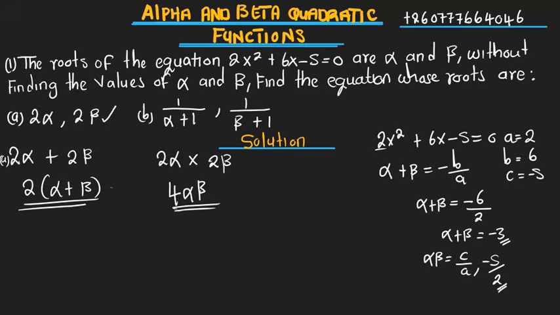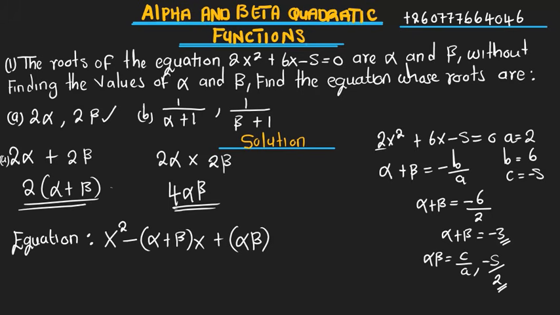To generate a new equation, the new equation is always in this setup. X to the power 2 minus, here you are going to put the sum of roots, which is alpha plus beta, x. And then this is going to be a plus. Then here you always include the product of roots, alpha beta.